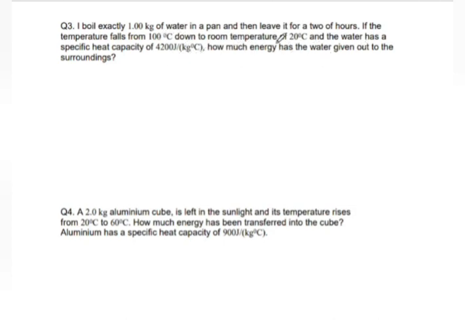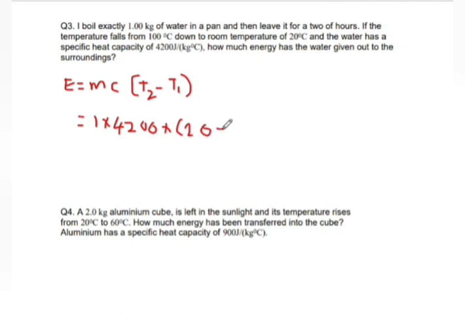Since the temperature drops from 100 degrees centigrade to 20 degrees centigrade, it means that heat will be given out to the surrounding. Here, E is equal to mc delta theta, that's T2 minus T1. So E is going to be the mass 1 times the specific heat capacity 4200 times (20 minus 100).